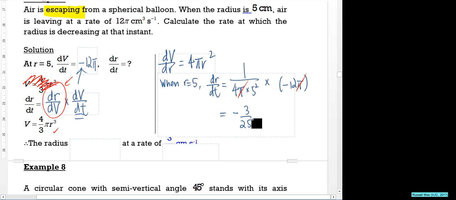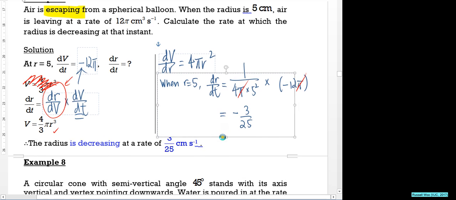So what we are trying to say is that when r is 5, the rate of change of r is negative 3 over 25, which means the radius is decreasing at this rate. You don't put a double negative.